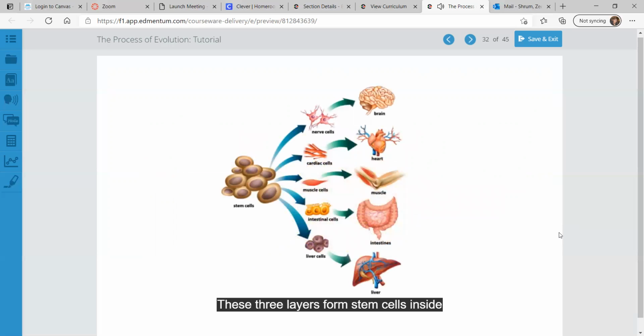These 3 layers form stem cells inside the blastocyst during the early stages of embryonic development. The stem cells grow into all the different cells in your body. Think about it. All the cells of your body have one type of ancestor cell, the stem cell. All of your cells grew from just one fertilized cell. That's true for all vertebrate life on Earth.